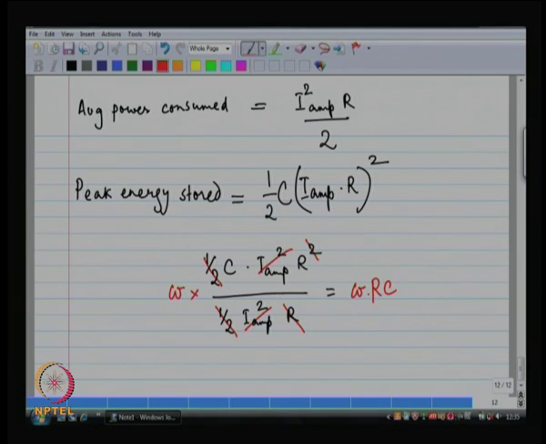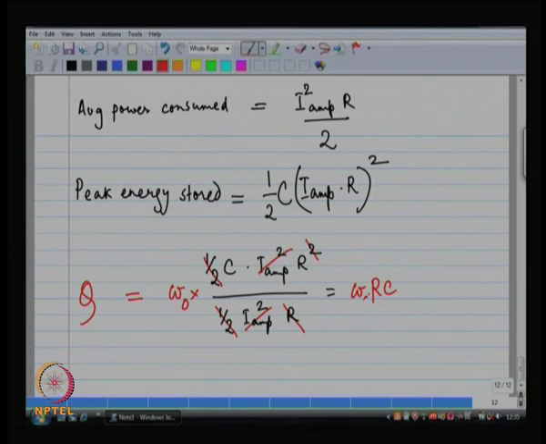And we are talking about the resonant frequency. All this computation is valid at the resonant frequency. It is only at the resonant frequency that the power consumed is so much, etcetera.